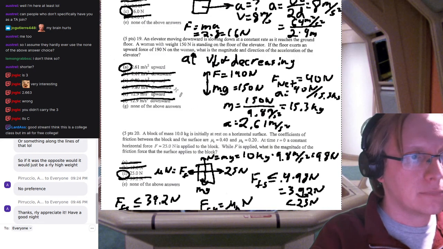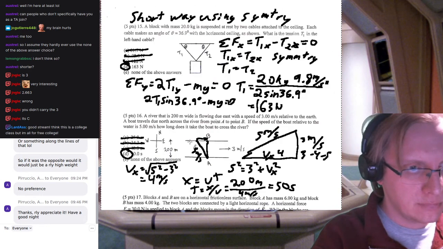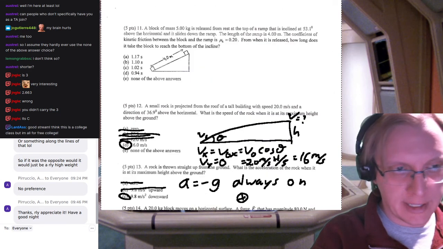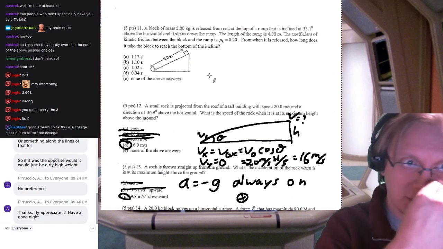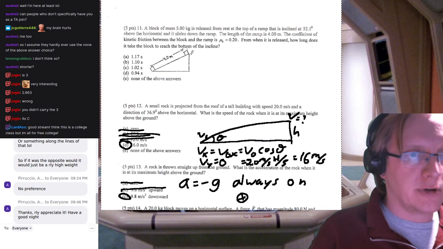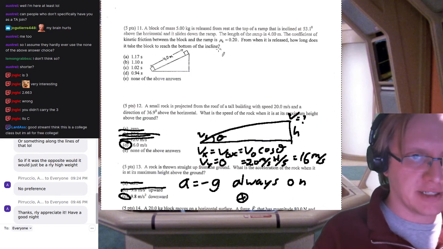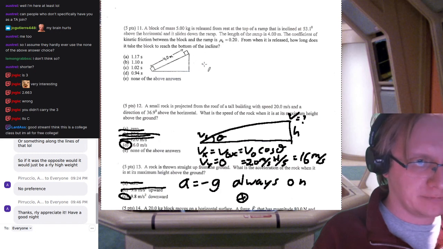All right, scroll up, find the last friction problem. Not that. There we are. Here's a friction problem. Okay, we got a block, it's going down. We have an angle. We have a distance traveled. We have a kinetic friction.